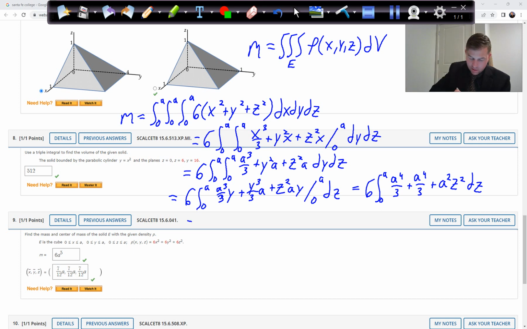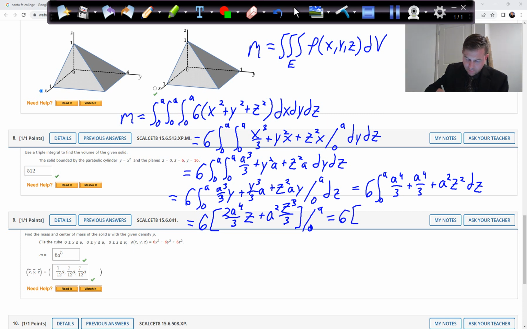Okay, this is going to be equal to 6 times, I've got 2a to the fourth over 3. Make sure I didn't make a mistake there. That looks right. So it's really 2a to the fourth over 3, but that's a constant, so it's getting a z on it now, plus a squared z cubed over 3 from 0 to a.